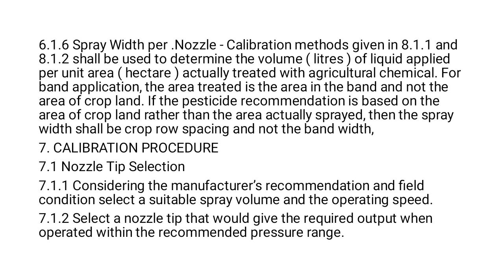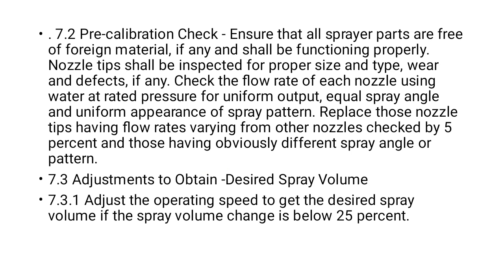Calibration procedure, nozzle tip selection. Considering the manufacturer's recommendation and the field conditions, select the suitable spray volume and the operating speed, and select a nozzle tip that would give the required output when operated within the recommended pressure range. Pre-calibration check: ensure that all sprayer parts are free of foreign material and functioning properly.